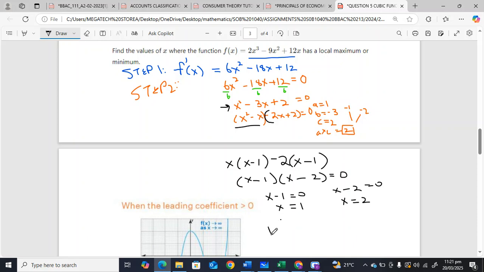So we do the second derivative, you put it like this, 2 commas x. So we're trying to derive this one, x squared minus 3x plus 2.